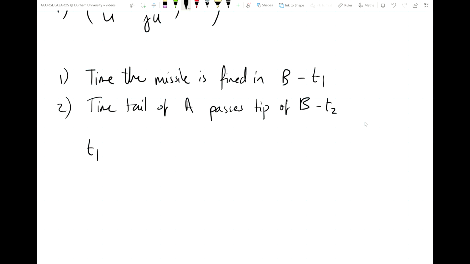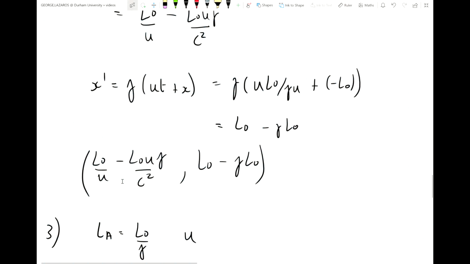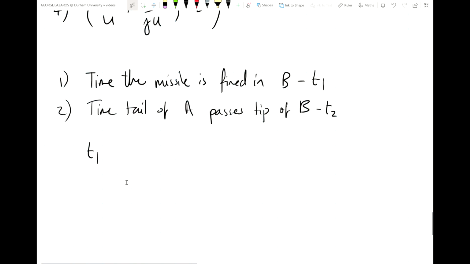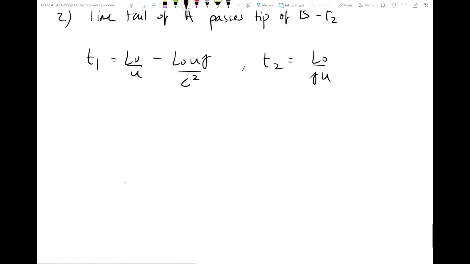So T1, time the missile is fired in frame B, is this long formula here, L0 over u minus L0 u γ over c². And T2 is only L0 over γu. Now this might look a bit challenging to work out which one is bigger, but I'll show you a quick trick.